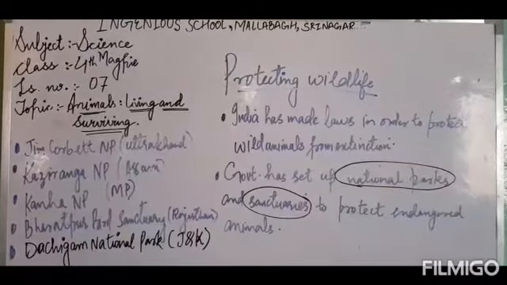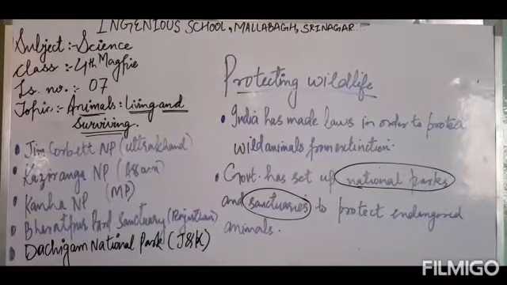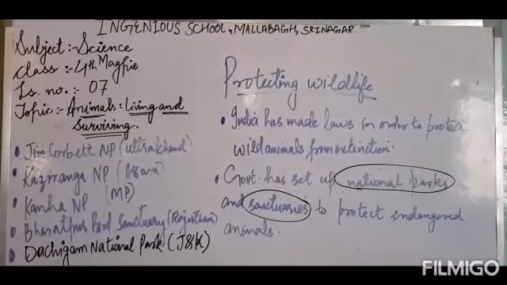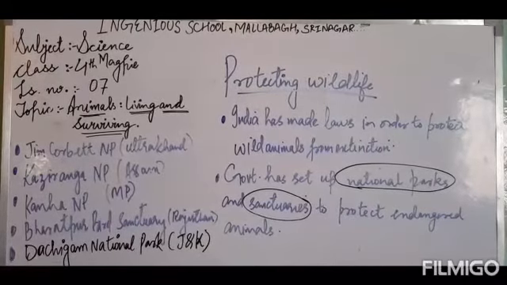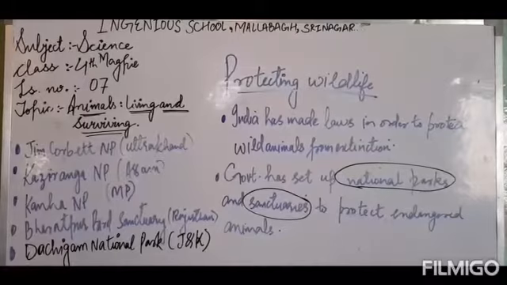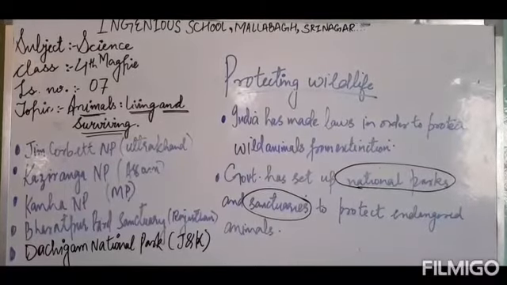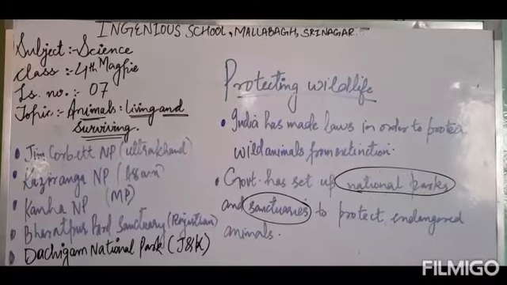My dear kids, in order to protect endangered wild animals from extinction, the Government of India has made several laws, and as per those laws, hunting and killing of these endangered animals is totally banned.